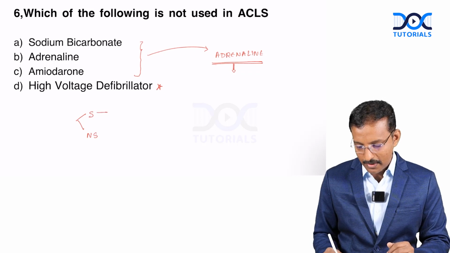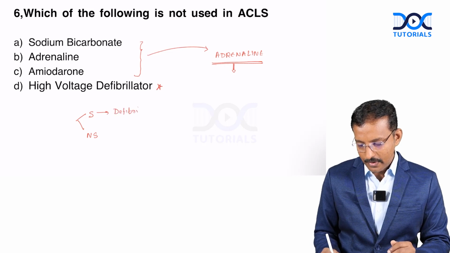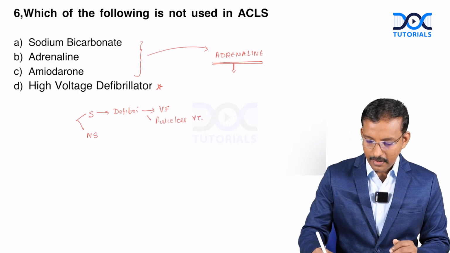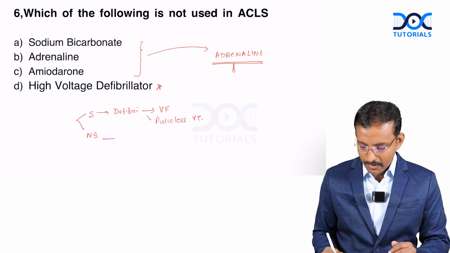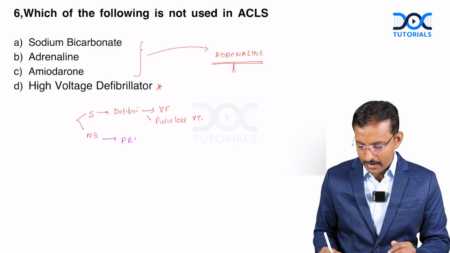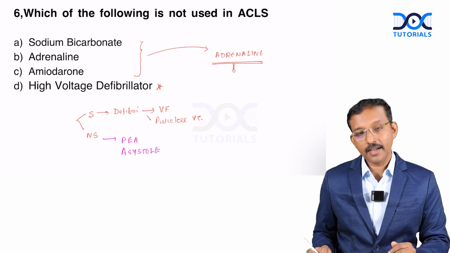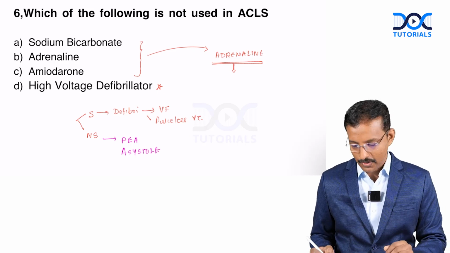If it is a shockable rhythm, directly give defibrillation. What are the shockable rhythms? Ventricular fibrillation and pulseless VT. Which are the non-shockable rhythms? Pulseless electrical activity and asystole.